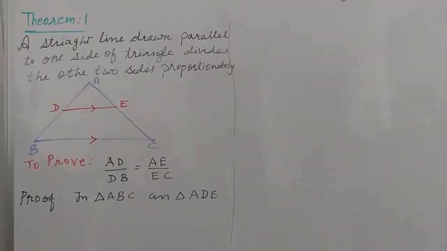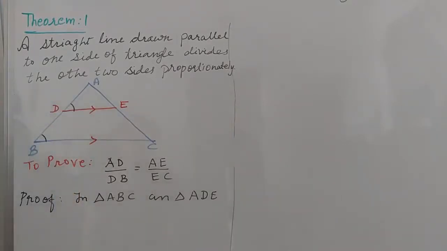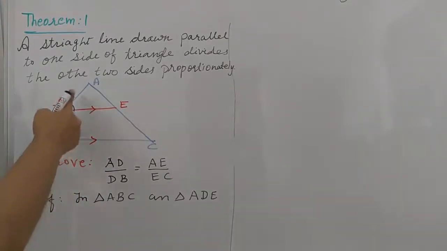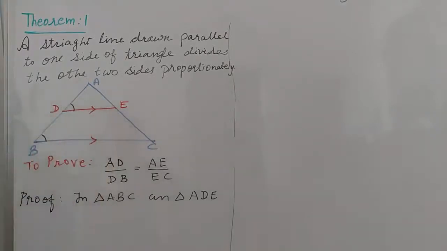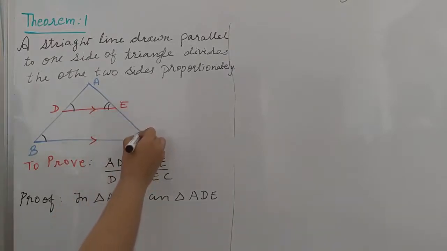First, angle D is equal to angle B. Why? Because they form corresponding angles. These are the parallel lines, so this angle and this angle form corresponding angles. Next, another angle, E is equal to C.